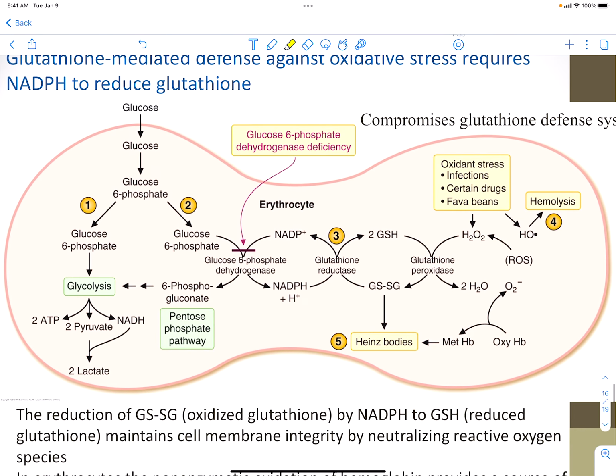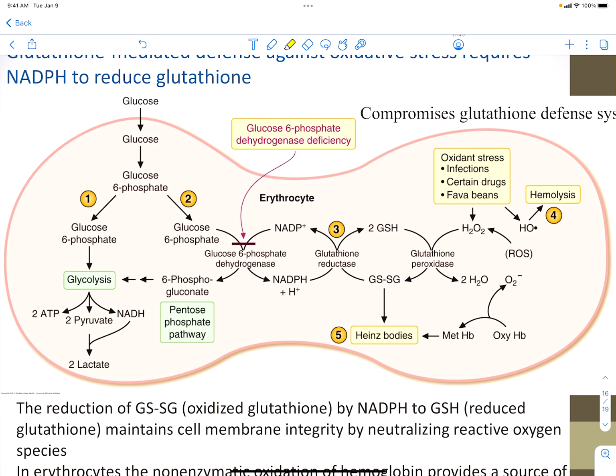This is an image of your red blood cell and what red blood cells do. So red blood cells, of course, always pick up glucose. That's their only fuel. Glucose is generally going to push towards glycolysis. It can go through the pentose phosphate pathway in order to generate NADPH, which is very important because NADPH is going to reduce glutathione, and then glutathione is going to help to protect against reactive oxygen species.